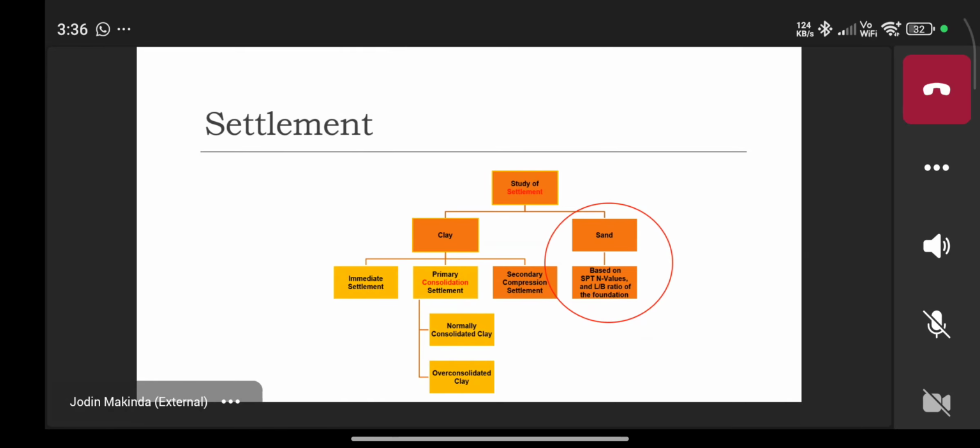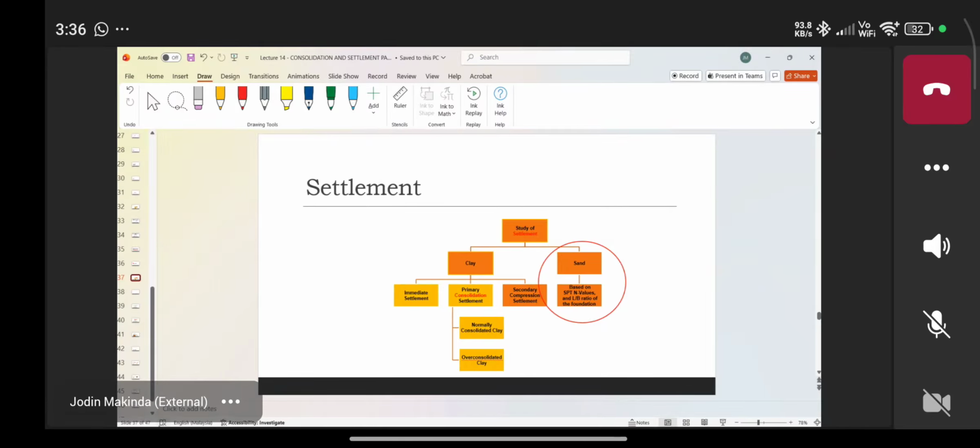And then you can also see the settlement on sand based on SPT value and also the ratio value. All right, that is the end of today's lecture.